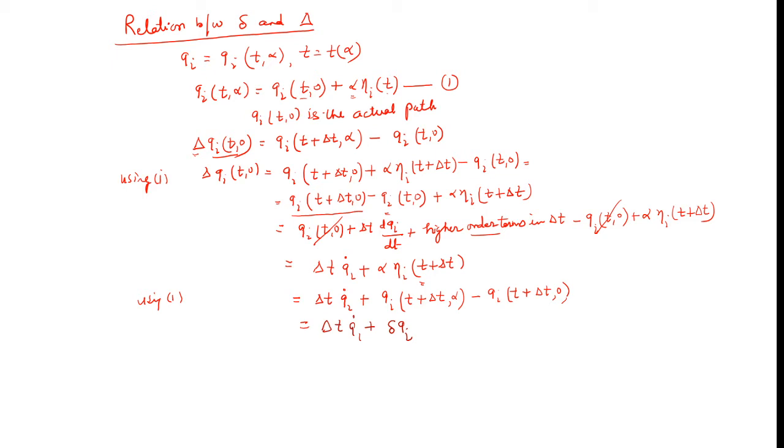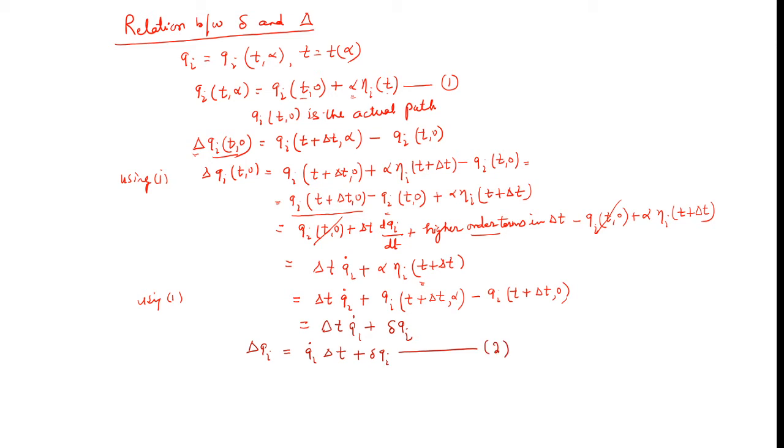And so I get delta qi is equal to qi dot delta t plus delta qi. This is a relation.